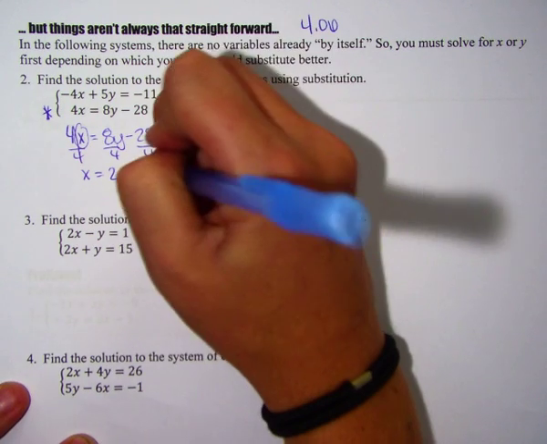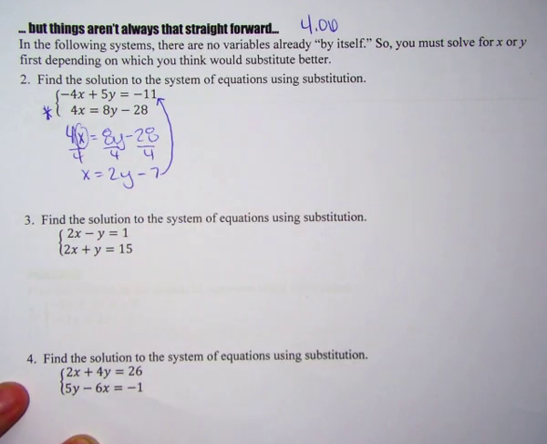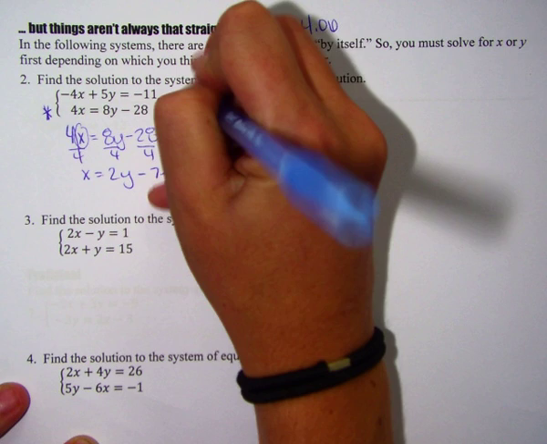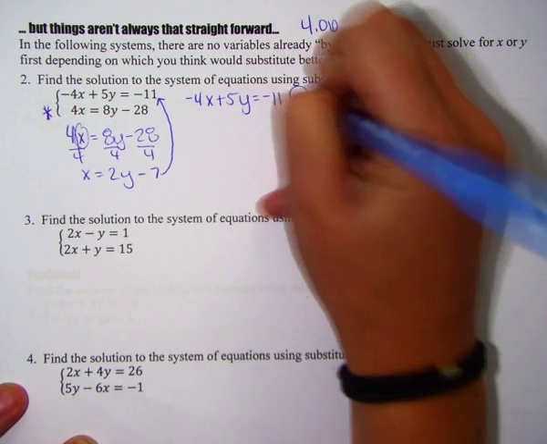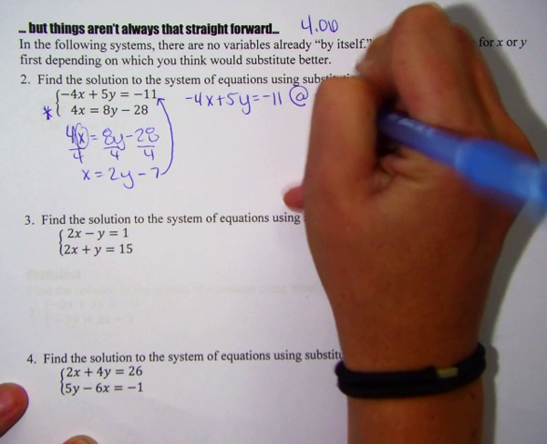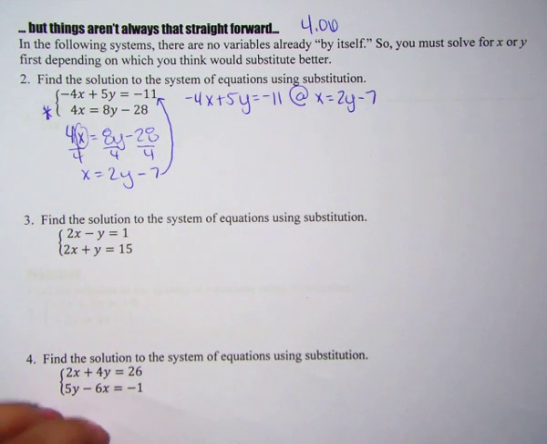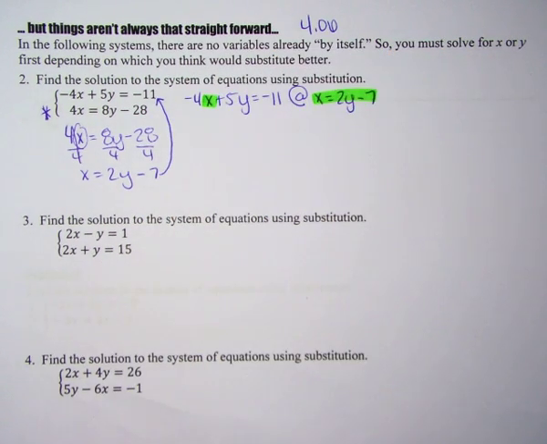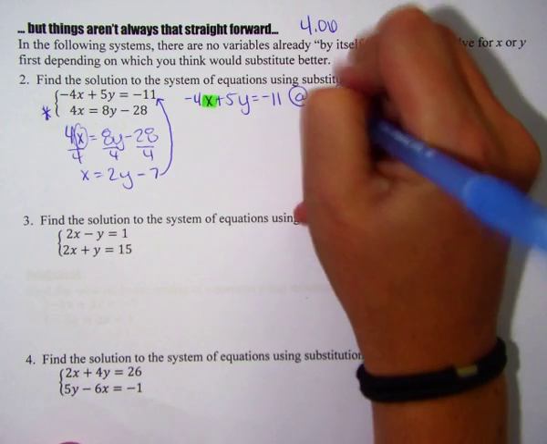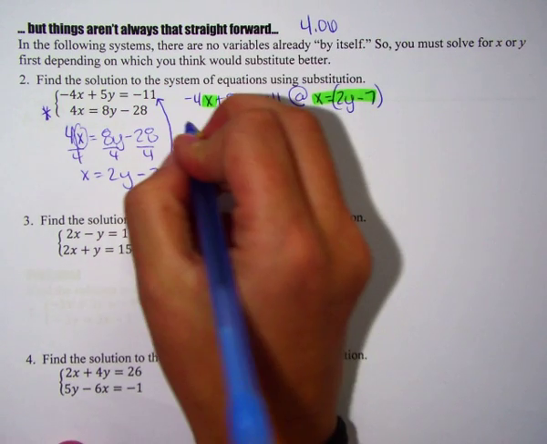So now that I've isolated x, I'm going to substitute it into the other equation, negative 4x plus 5y equals negative 11. I'm going to solve this at x equals 2y minus 7. So now this becomes exactly like the previous objective. I'm going to substitute this in for x. Everywhere that I see an x, I'm going to substitute 2y minus 7.